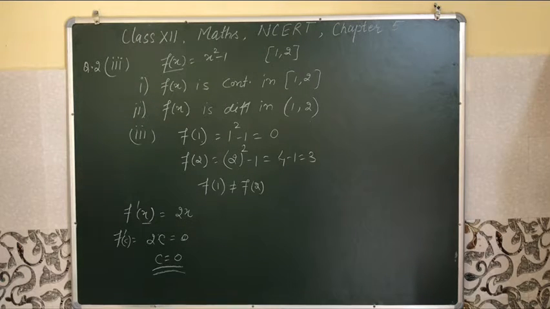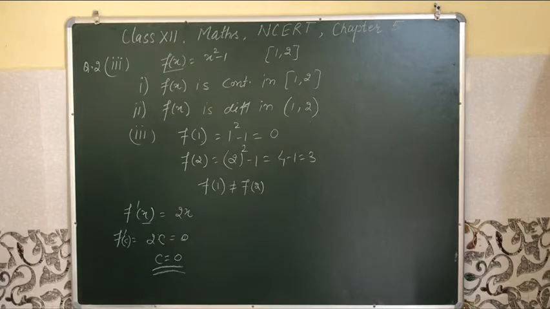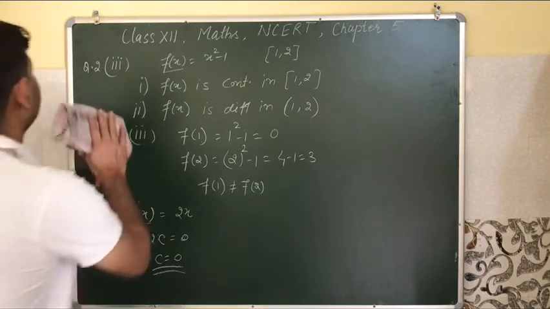Question number third: if a function from the closed interval minus 5 to 5 to R is a differentiable function and f dash x does not vanish anywhere, then prove that f of minus 5 is equal to f of 5.